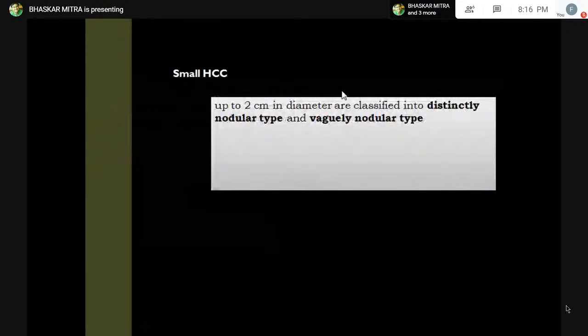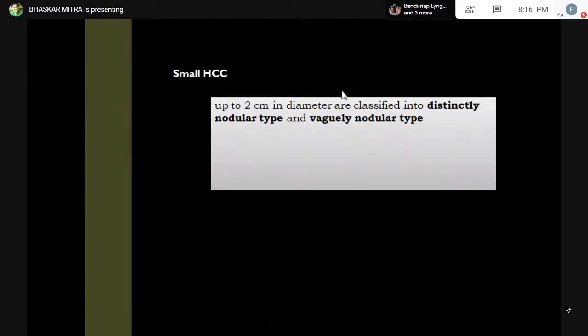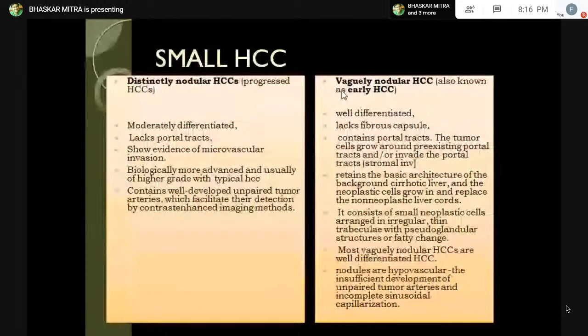Now, sometimes small hepatocellular carcinomas up to 2 cm in diameter can be seen as small nodules that may be confused with these benign lesions. They may be distinct nodular type or vaguely nodular type. The distinct nodular type, as the name suggests, has another name: progressed hepatocellular carcinoma.